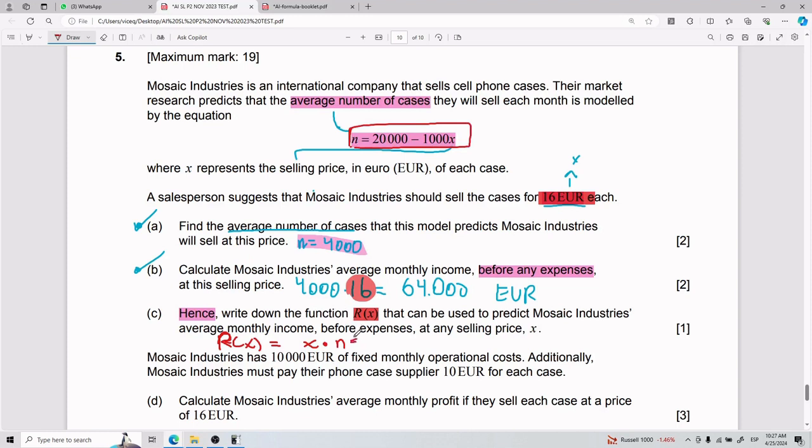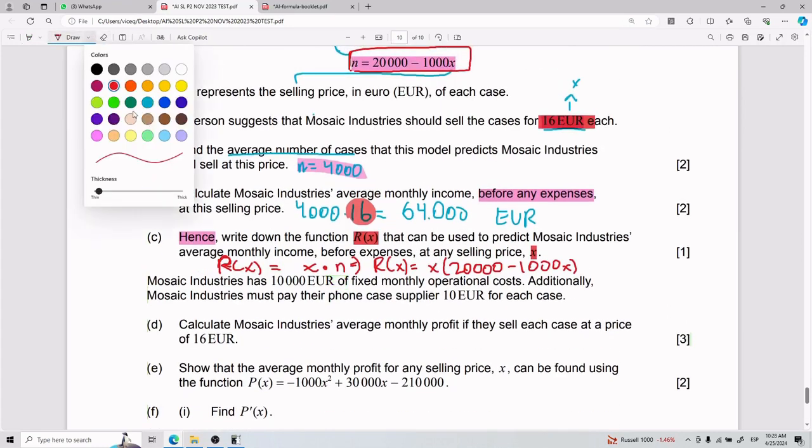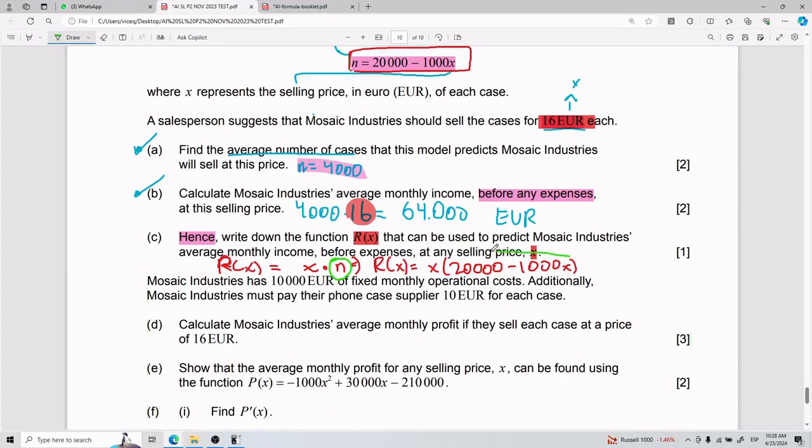And so really, R(x) is going to be x times 20,000 minus 1,000x. And why do you need to leave it like this? Because they want it to be in terms of x, right? They want you to write down the function R(x) at any selling price x. So you only need x. You do not care about N. But N is technically this whole thing here, right? So technically this N here is this whole thing.